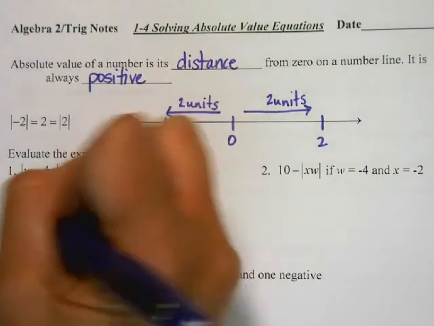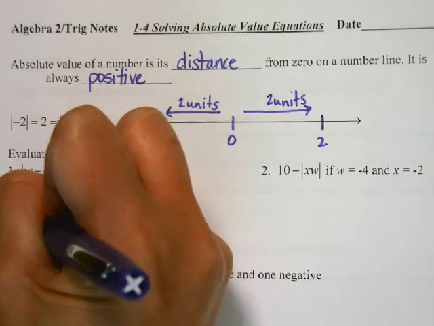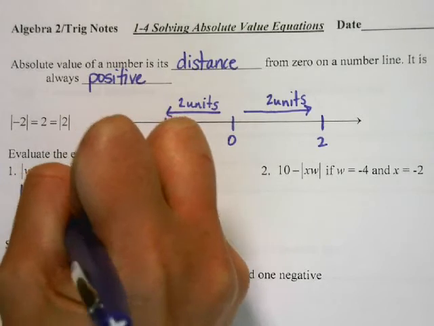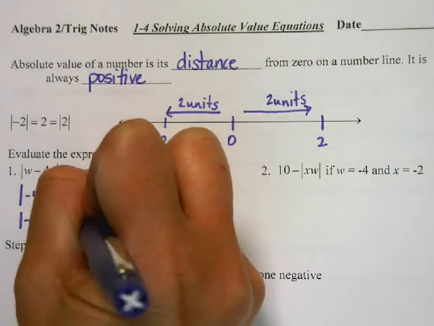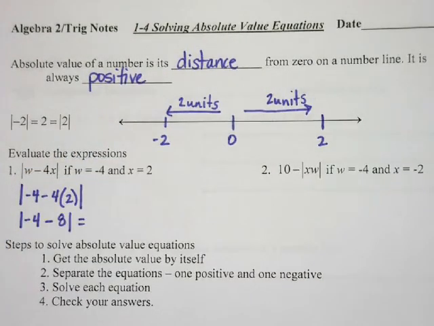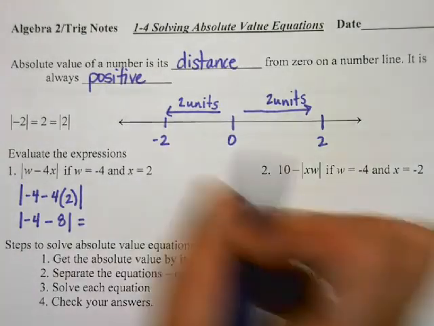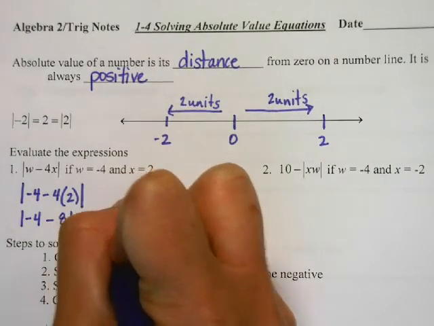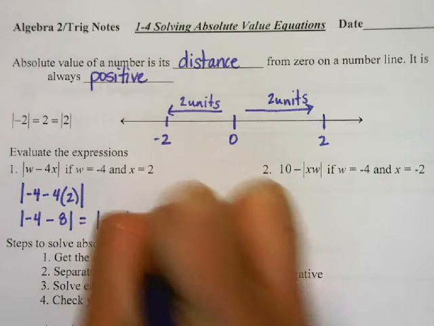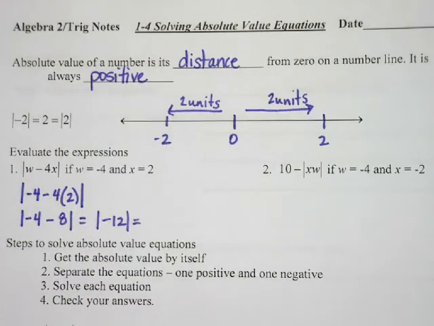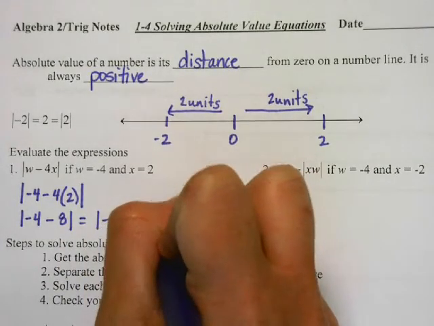Four times 2 is 8, so I have the absolute value of negative 4 minus 8. Negative 4 minus 8 more is negative 12. The absolute value of negative 12 is positive 12.